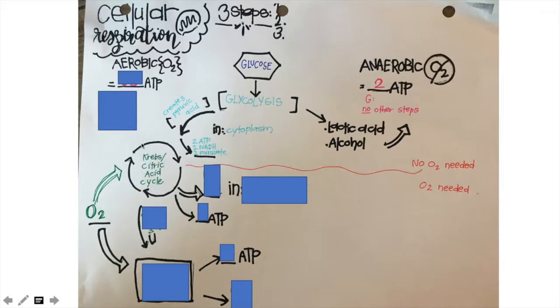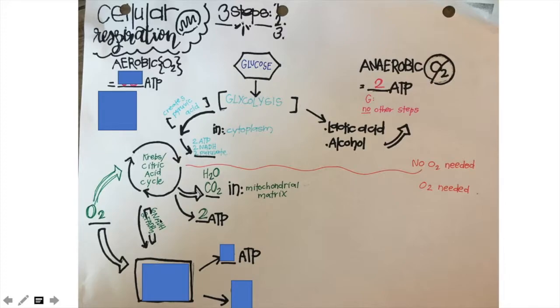Pyruvate plus our oxygen in our Krebs cycle happens in the mitochondrial matrix, and will in turn create water and carbon dioxide and 2 more ATP. So right now we have 4 ATP, glycolysis made 2, Krebs cycle made 2, and we have these other precursors, so 6 NADH and 2 FADH2, so now we have 8 NADH and 2 FADH2.